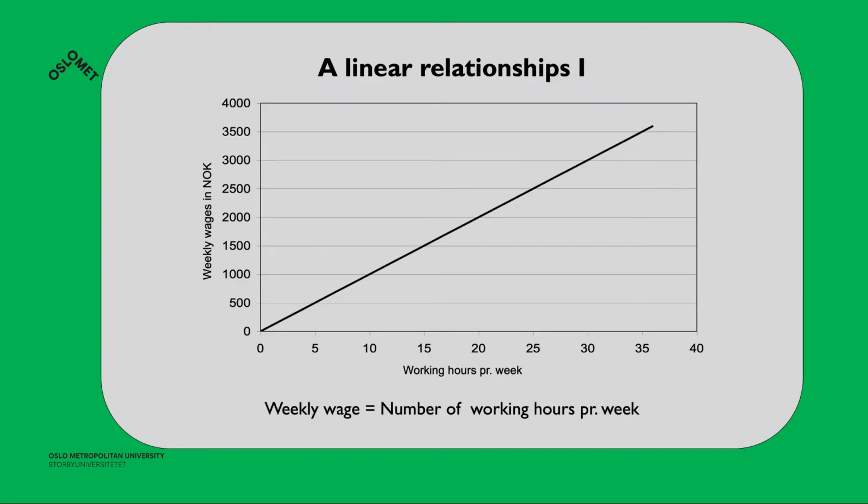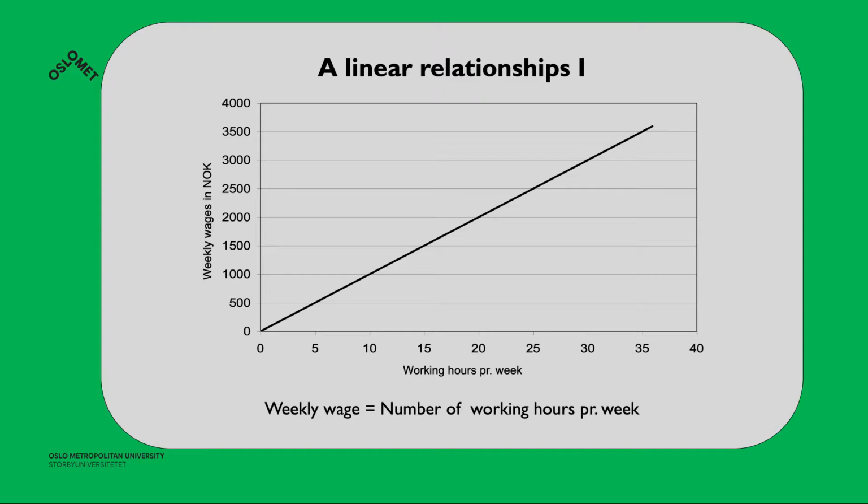So if we look more closely at the regression analysis, and also with a correlation analysis, we're working with a linear relationship. So we look at the linear relationship between two variables.